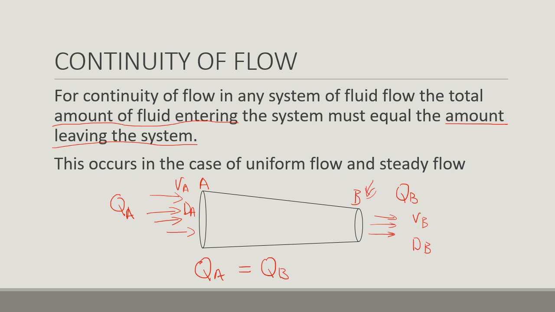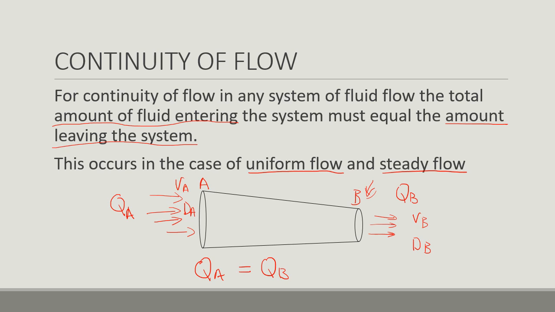Remember, this is a steady flow condition. Therefore, continuity of flow can only exist when there is uniform flow or steady flow. It cannot exist when we have unsteady flow or flow that is not regular, that is not uniform.